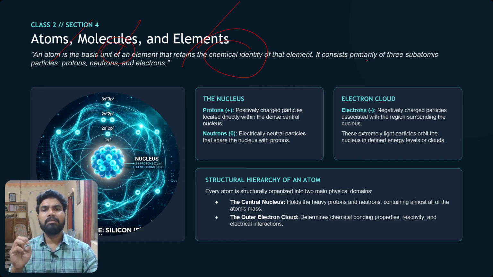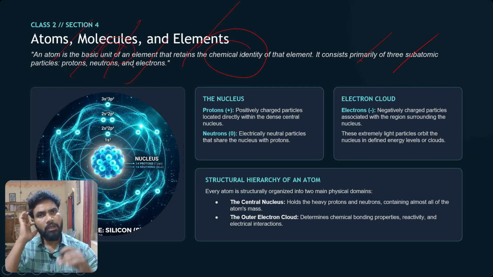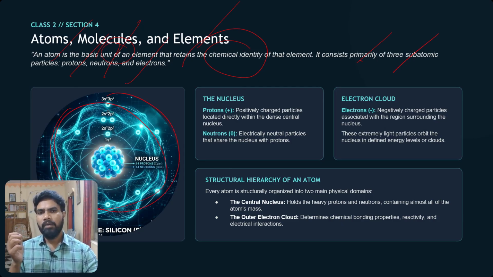It consists primarily of three subatomic particles. I think you know them very well. Those are protons, neutrons and electrons. You might have studied them in your school. So first of all, this is the atom, which has a nucleus, and this is the rest of the body of the atom.